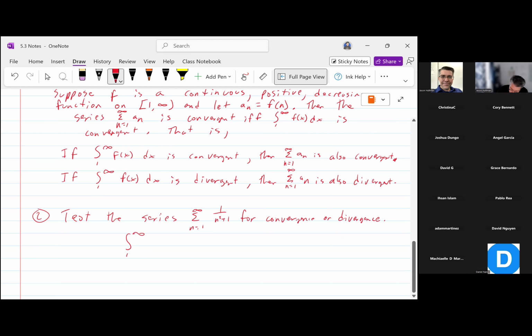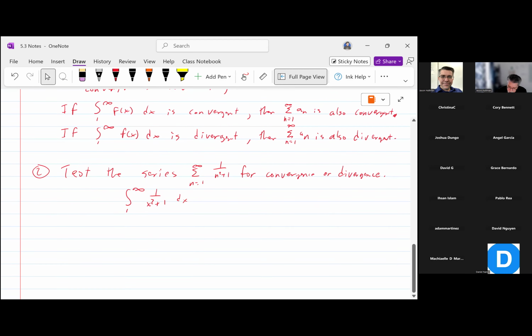The integral 1 to infinity of 1 over x squared plus 1. So we're turning the a sub n into a function of x, and we're integrating from 1 to infinity.